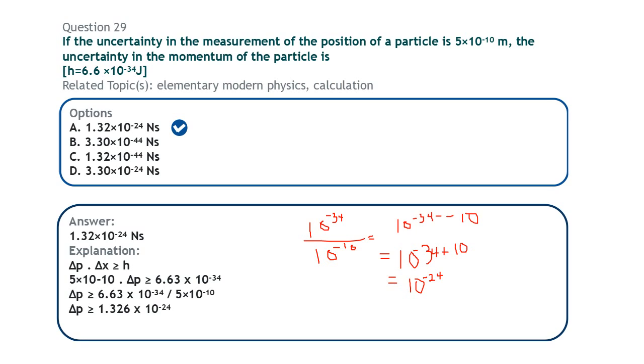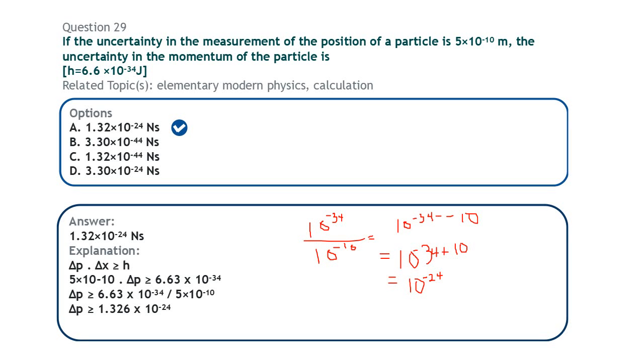So we substitute that here, times the uncertainty in determining the momentum, which we are required to calculate. This is greater than or equal to Planck's constant, which is 6.63 times 10 raised to the power minus 34. To get the value of p, we are going to divide both sides by 5 times 10 raised to the power minus 10.